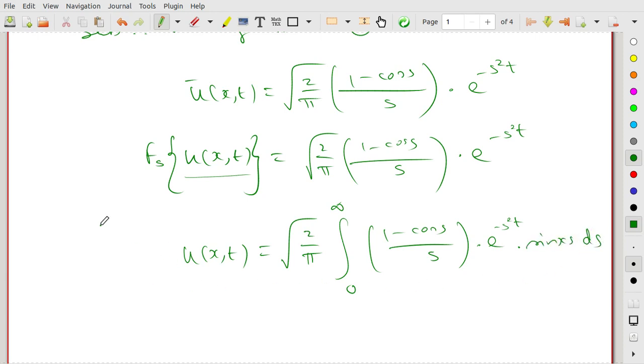Okay, so this is taking inverse Fourier sine transform. So we end up with this equation. So this is our solution.